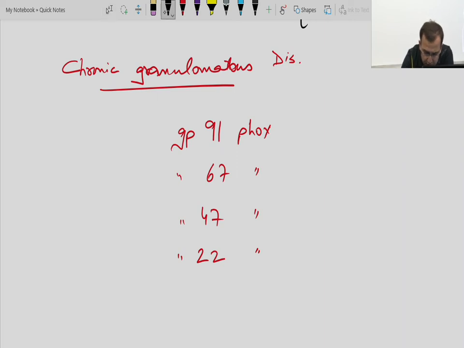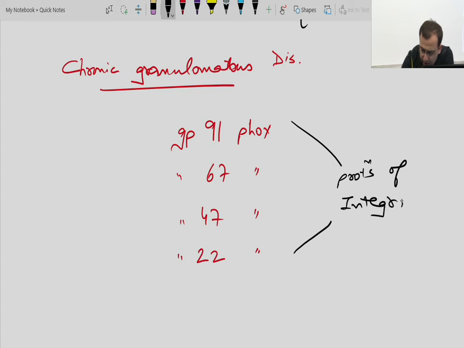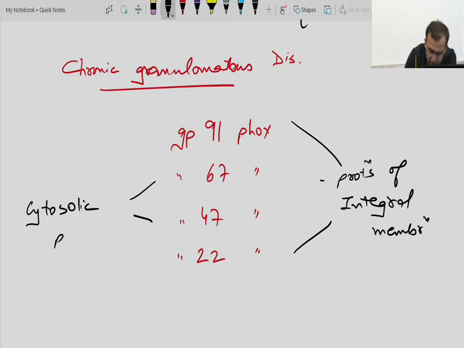The smallest and the largest, these are the proteins of integral membranes, that is, they form the boundaries, versus 67 and 47, which are the cytosolic proteins, cytoplasmic in nature.